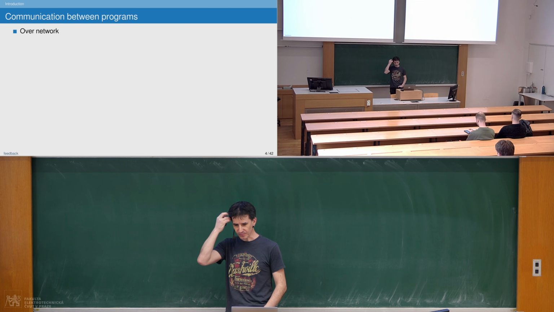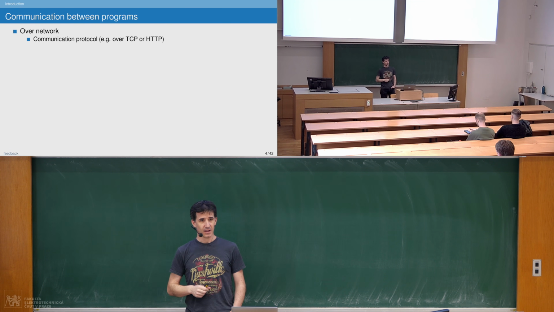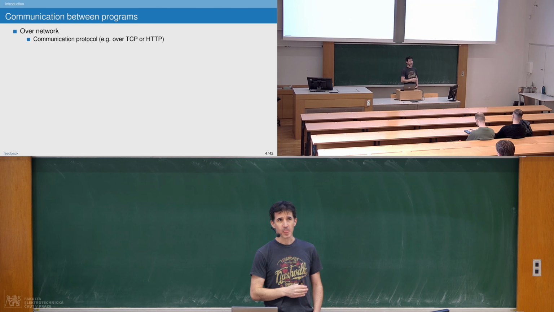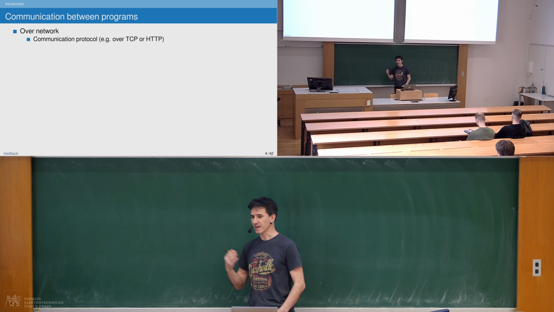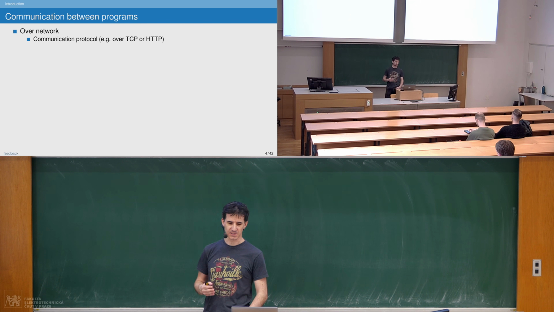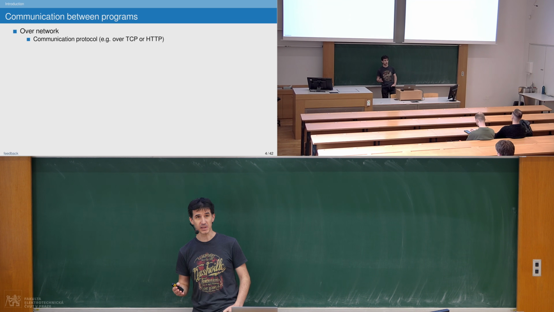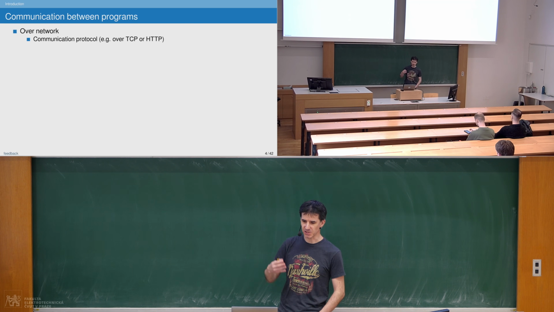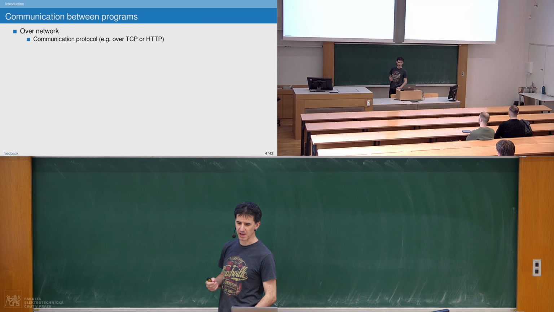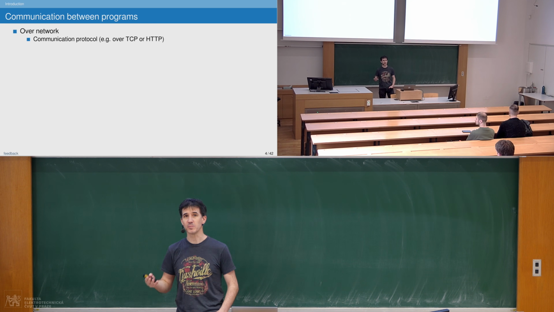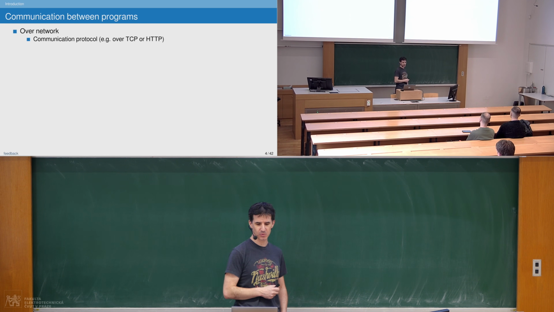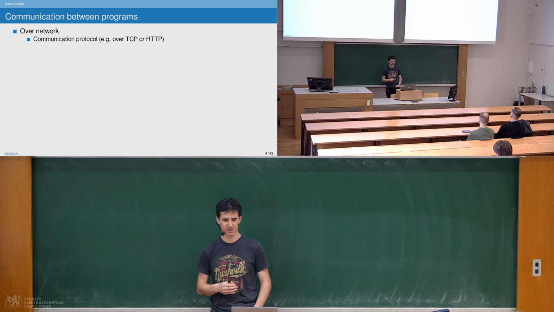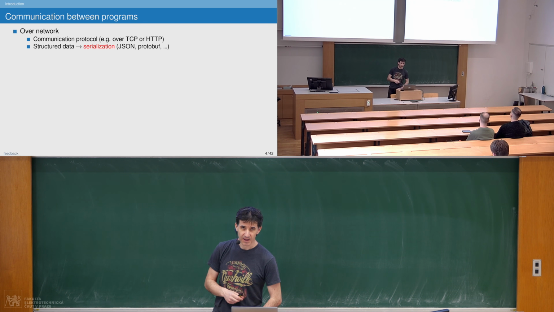So how can this be done? Surely you need some kind of communication protocol. Nowadays, at least in the cloud settings, this is typically TCP, or even more often today, HTTP. HTTP is like an application layer used over TCP, or sometimes it can be used even over some other protocols. But let's say this is the basics.